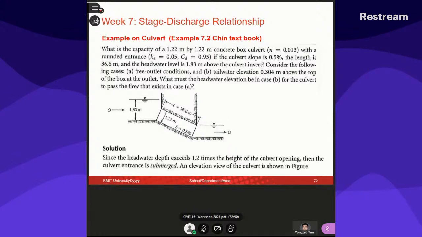This example is about a concrete box culvert. It is 1.22 meters by 1.22 meters, so the cross section is a square.